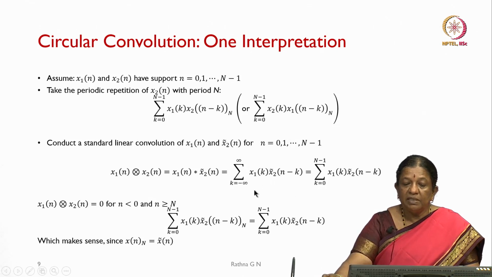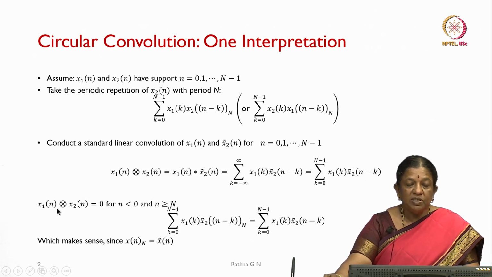The sum is from minus infinity to infinity, so we cannot compute it in our hardware. It will be reduced to k from 0 to N minus 1 of x1 of k into x2 tilde of (n minus k).